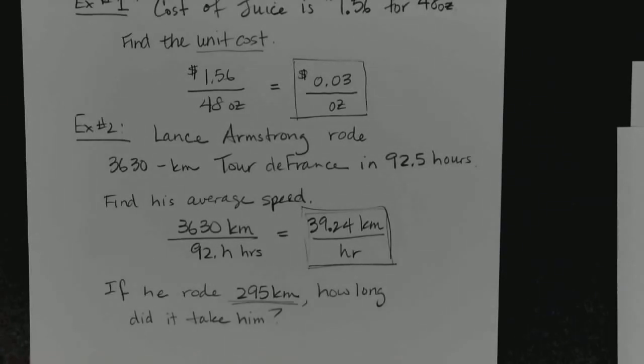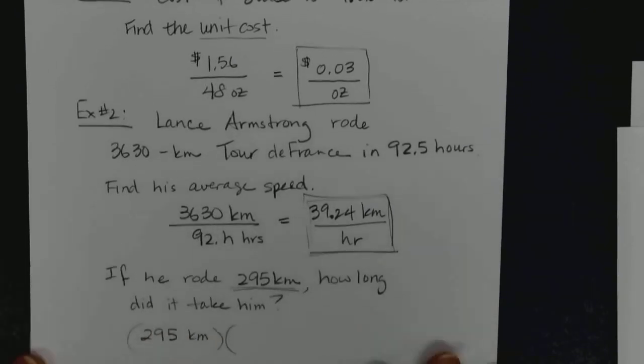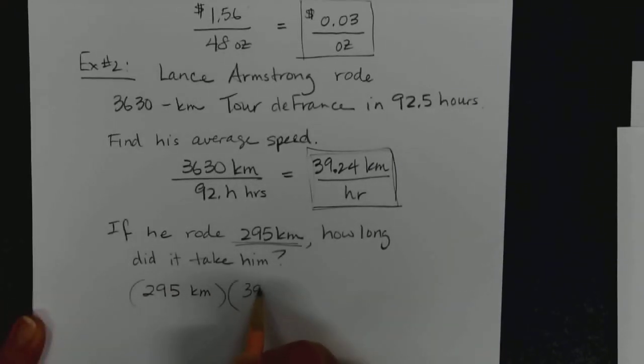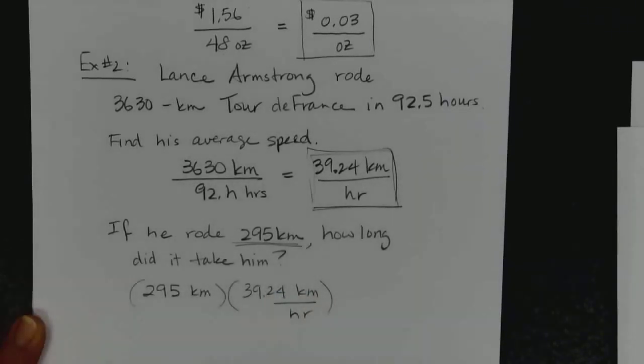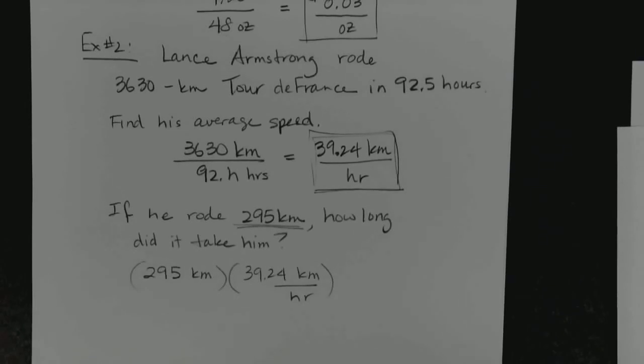You multiply? Okay, so let's see. He rode 295 kilometers, and I was told that you need to multiply by his average speed. We got the answer, so what are we doing right now? This is the second part.